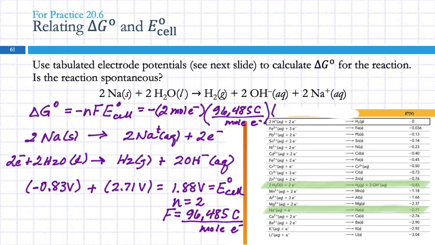And then we multiply that by our cell potential, which is 1.88 volts.